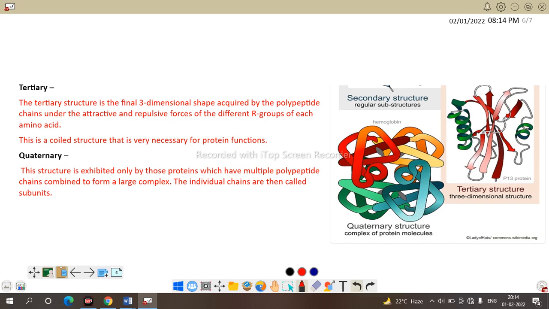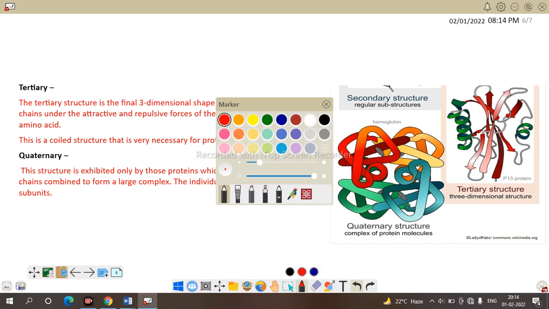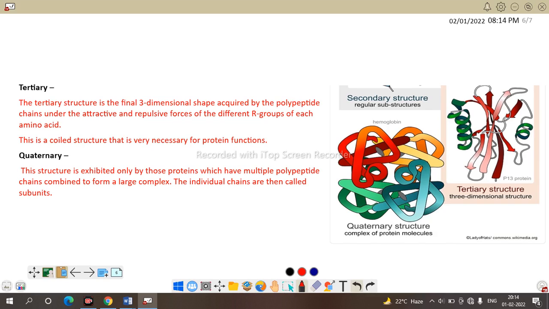Next are the tertiary and quaternary structures. Here is the tertiary structure. The tertiary structure is the final three-dimensional shape acquired by a polypeptide chain under the attractive and repulsive forces of the different R groups of each amino acid.